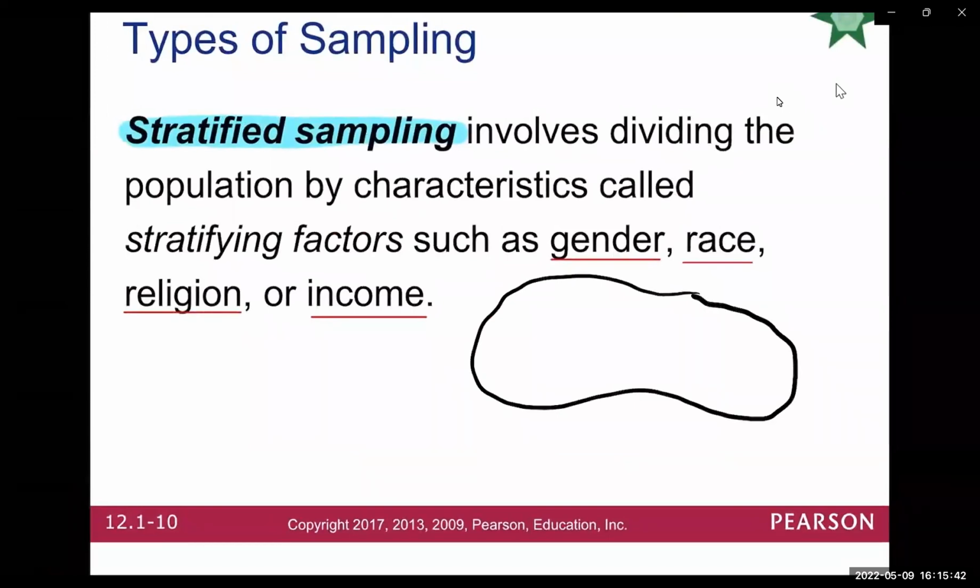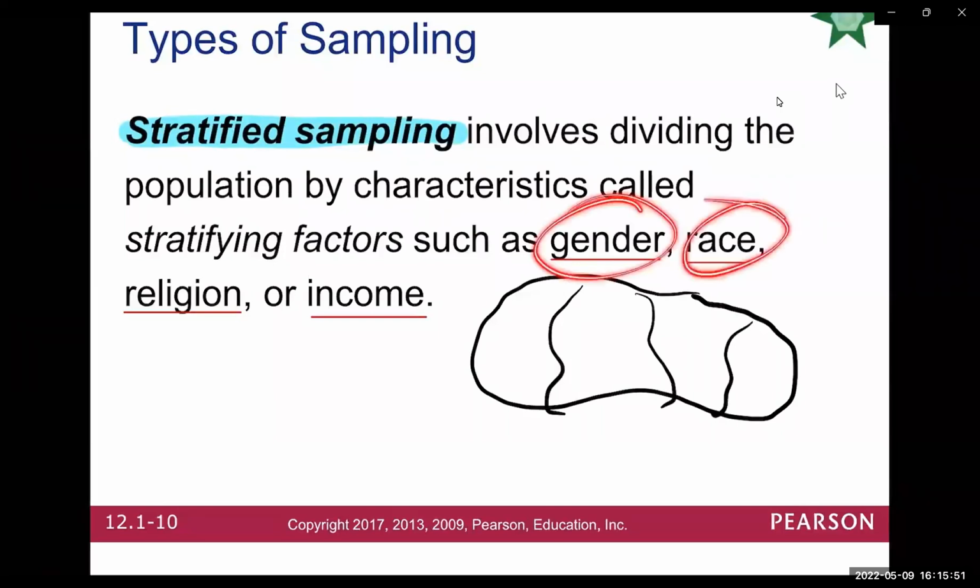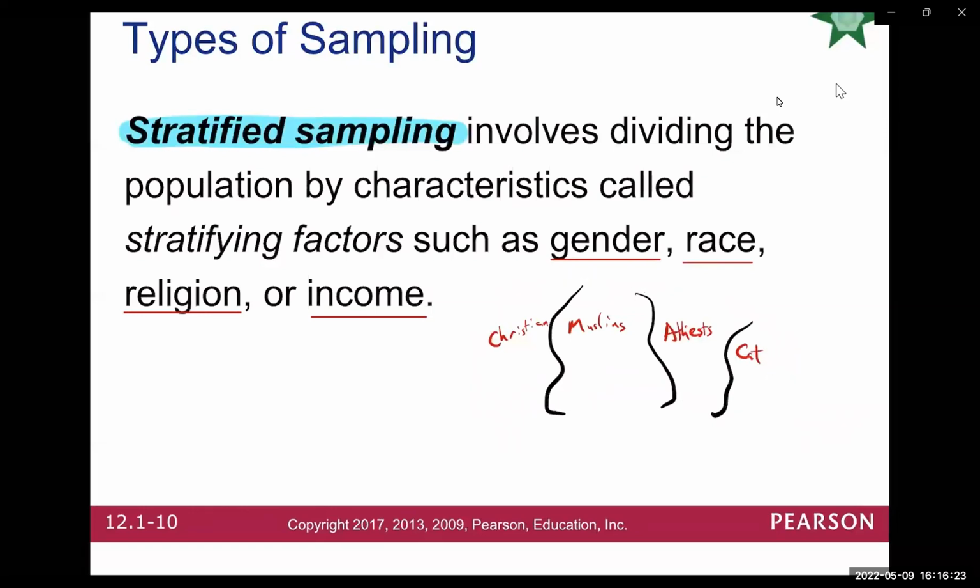So in this case, stratified, you would break it up into groups similar to what we did in the previous example, but maybe you choose one of these factors, like race or religion. Let's just go with religion for this example. Maybe you have all the Christians, Muslims, atheists, and maybe Catholics.